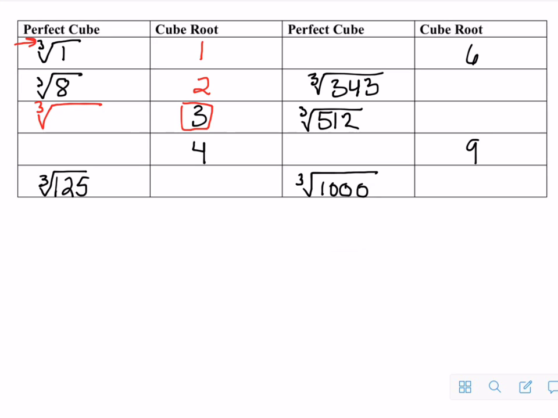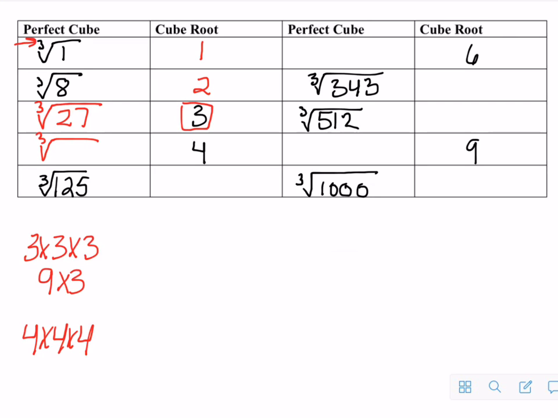So this is 3 times 3 times 3. 3 times 3 is 9. 9 times 3 is 27. So the cubed root of 27 is equal to 3. We'll do the same thing for 4. It's 4 times 4 times 4. Which we did previously gave us the cubed root of 64.